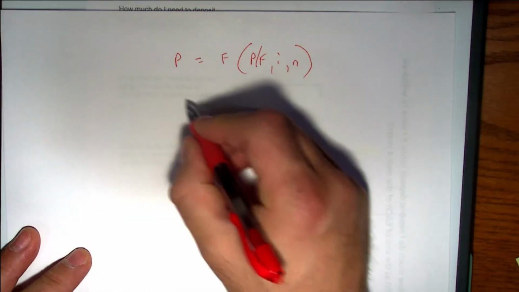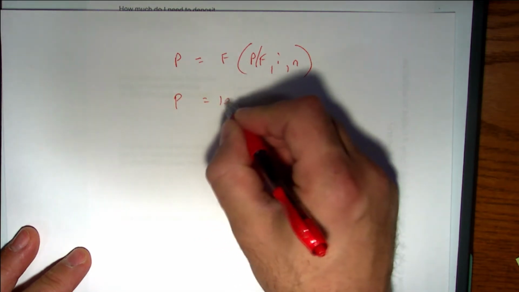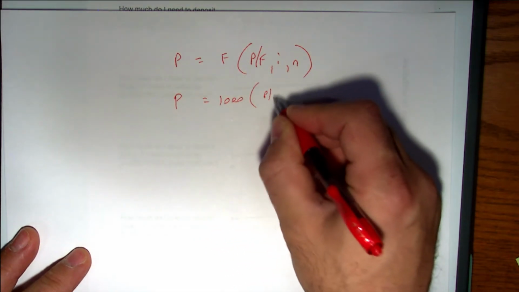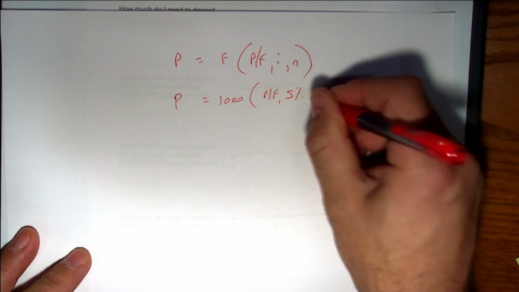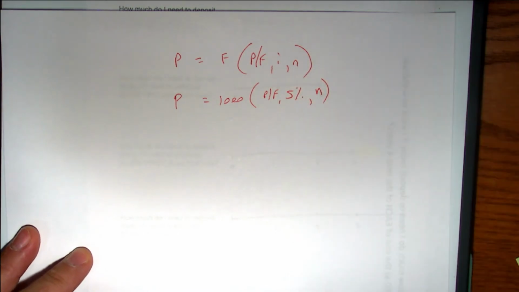Okay, we're back. That wasn't too hard, was it? I'm not going to solve each one, but the way that you would solve this would be to say P equals F, P slash F, I, n. We need to know the present value. You put in $1,000, P slash F, what's the interest rate? And then whatever group you were in.